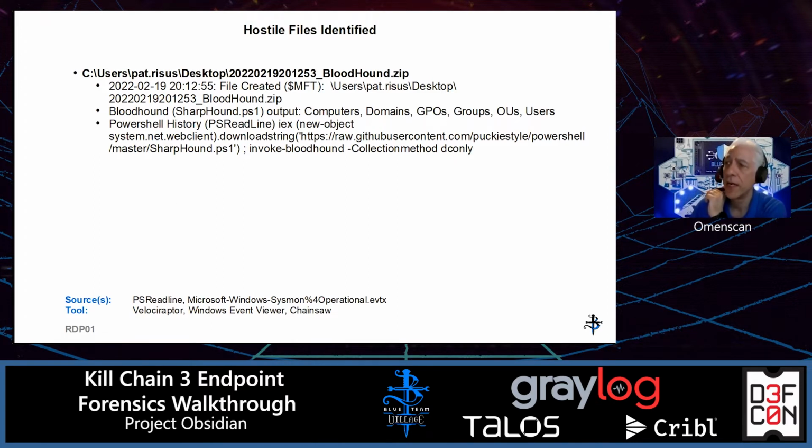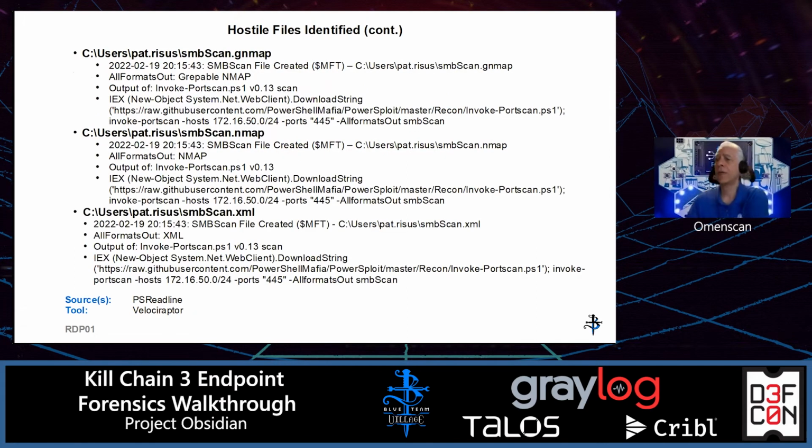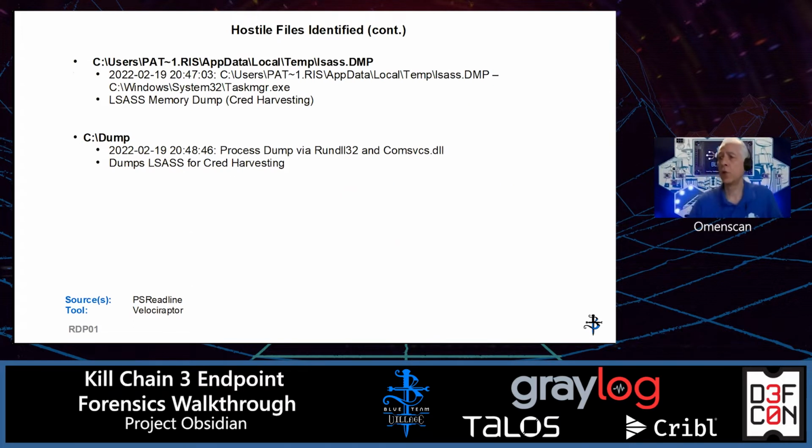One of them was this Bloodhound zip file on Pat Reese's desktop. We saw several other files indicating that PowerShell had been run and the Invoke-PortScan module had been run on the machine. In addition, we saw some files that indicated credential dumping.